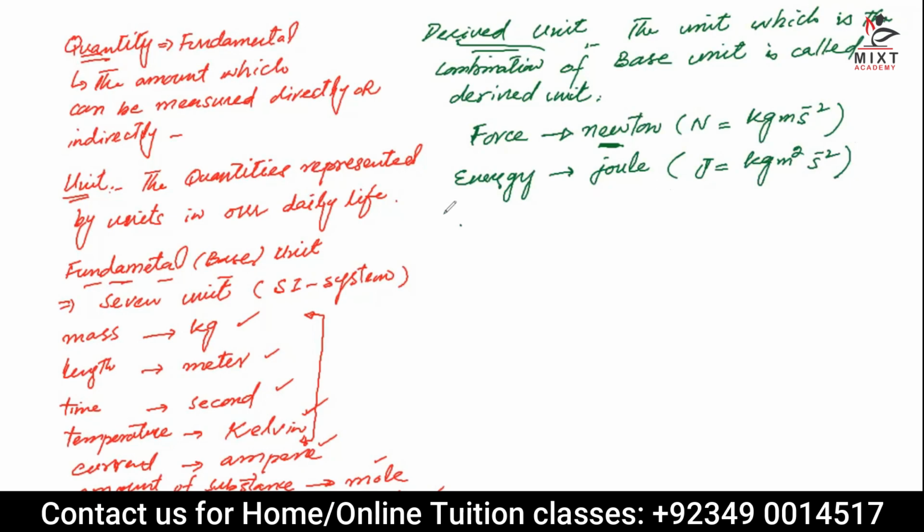The energy joule is also Newton times meter, that is, if you use the formula, it comes out to be Newton meter, and you can write it in kg meter square per second square. That is another unit you have to know for the paper.